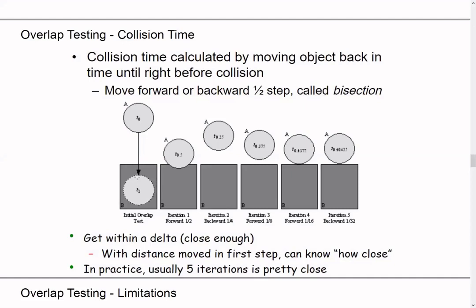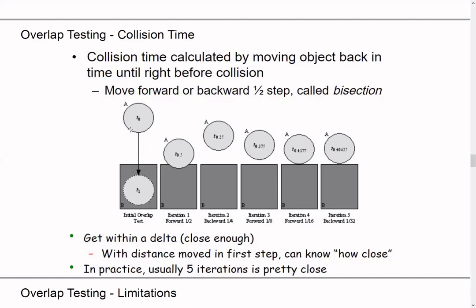At the very first part, we have done the initial overlap test. Then what do we do? We need to move backwards or forwards so that we come to the position right before the collision.